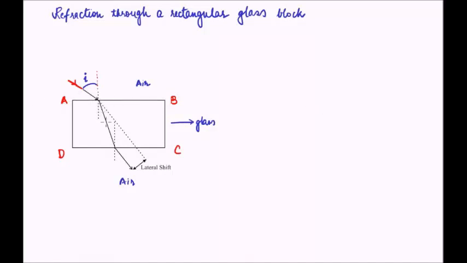Now if there were nothing more, like if this was completely air and everything below this was completely glass, then this ray of light would have continued moving like this, right? And at that time this angle would have been the angle of refraction. But here we again have an interface between the glass and the air.